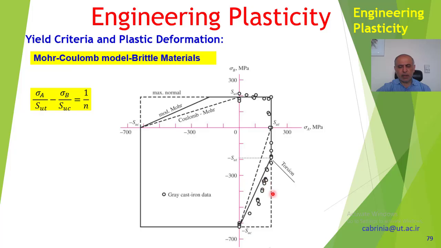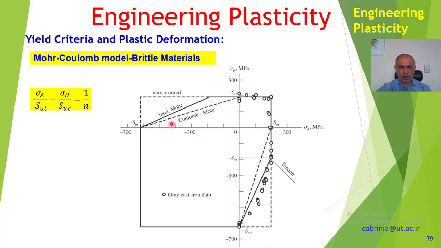These are in fact inside the yield criterion. It means that according to this yield criterion, the material doesn't yield, while the gray cast iron yields here. So this criterion is no good. In fact, the maximum normal criterion is not used anymore. I have just mentioned it here to complete the discussion. Otherwise, we don't use the maximum normal criterion anymore.